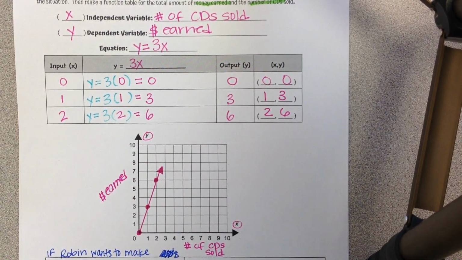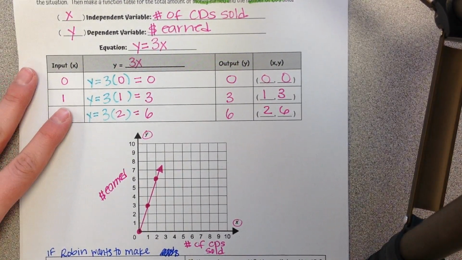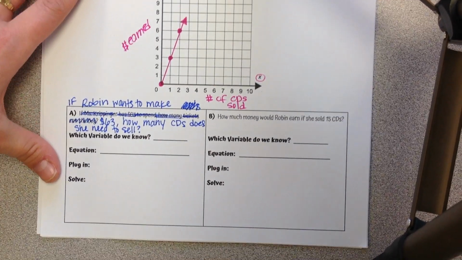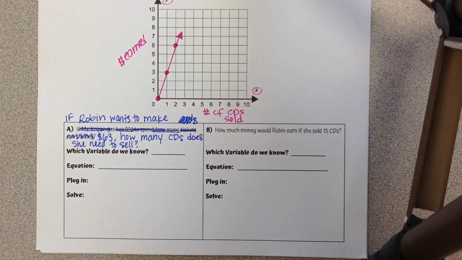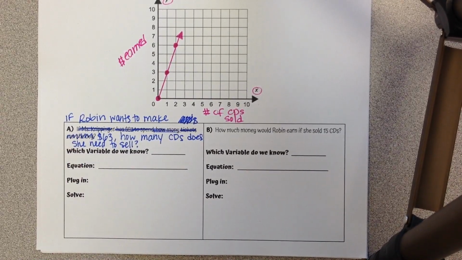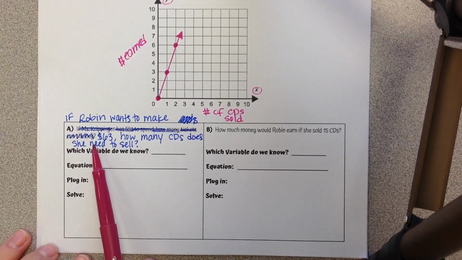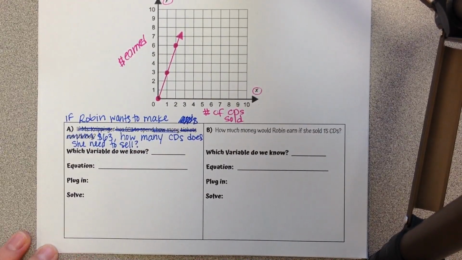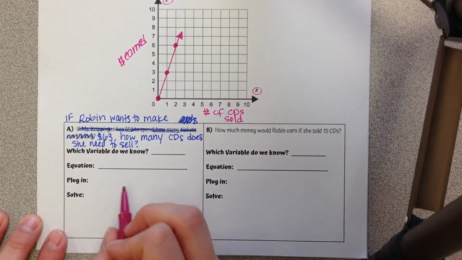Okay? Now we are going to move down to part A and part B. Part A says, if Robin wants to make $63, how many CDs does she need to sell? So we need to think to ourselves, which variable do we know?